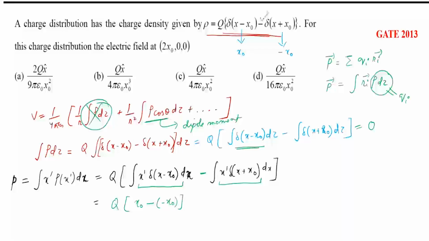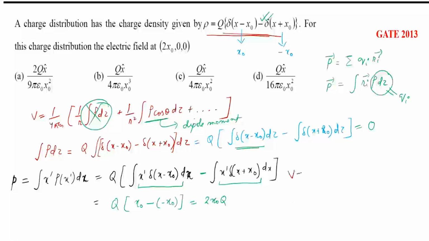Because this one is minus, I brought it plus. So the answer is 2x naught into q. Is this fine? Yes, sir. Okay, now we are almost here.